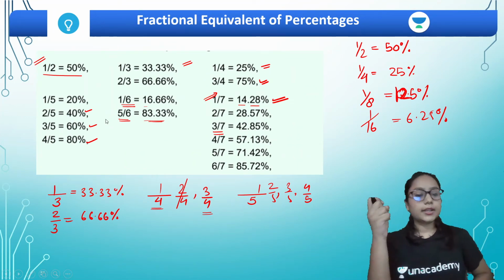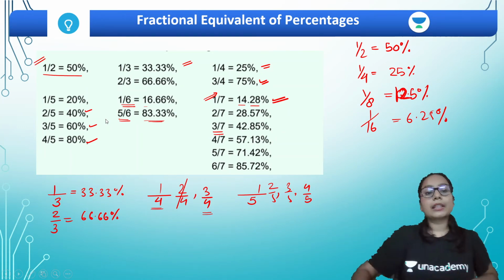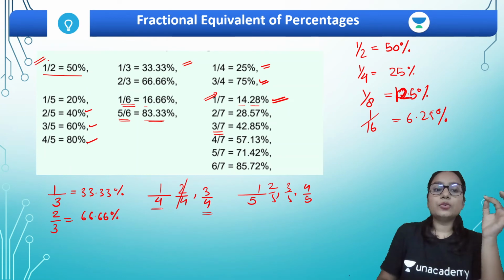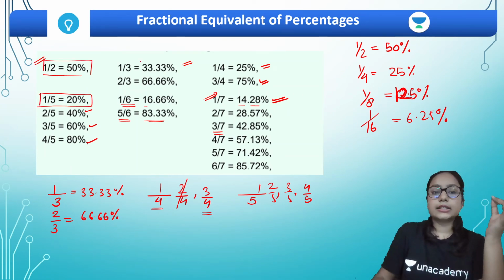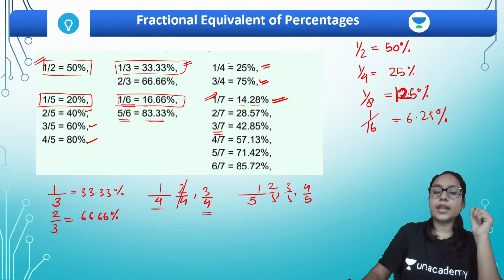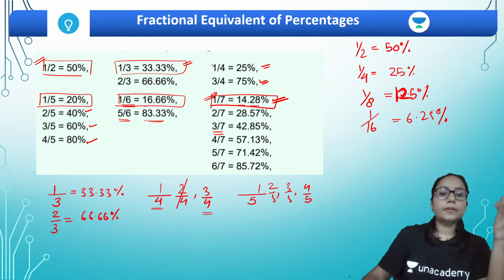It would be better if you learn all these. But if you're unable to learn all of them, at least learn the important ones so that you can calculate the rest yourself. For example, 1 by 2 is a must, 1 by 5 is a must, 1 by 3 and 1 by 6. Then the value of 1 by 7 you have to learn, and 1 by 4.